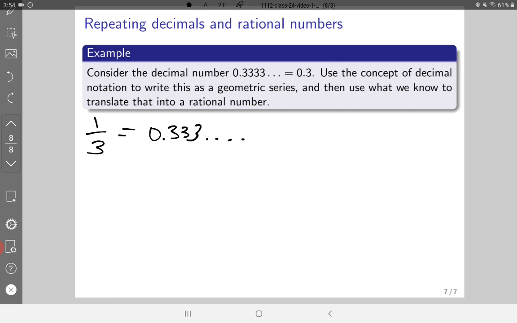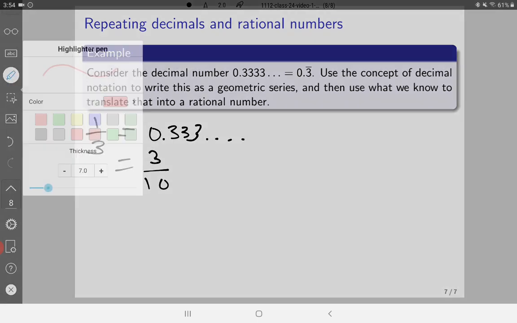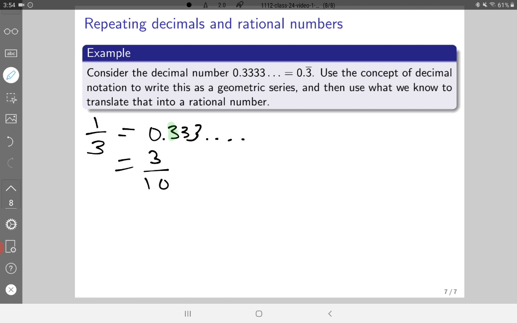Let's write this as a geometric series. And here, when I say use the concept of decimal notation, I'm trusting that you know that 0.3 is 3/10. So the first term, the first decimal point here, that's the number 3/10, 0.3.